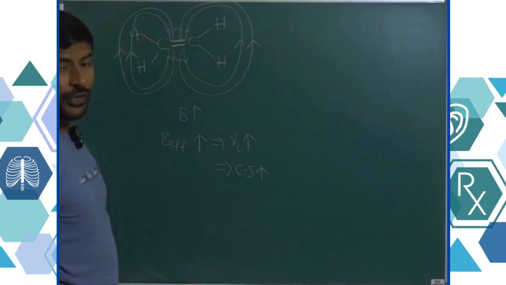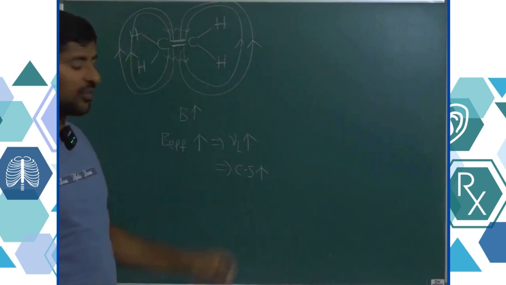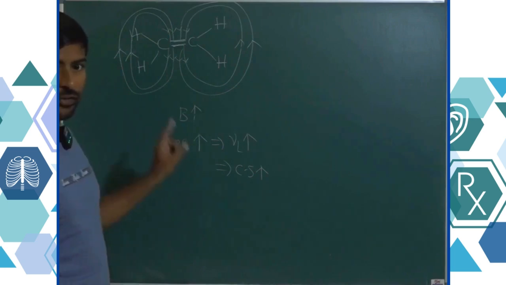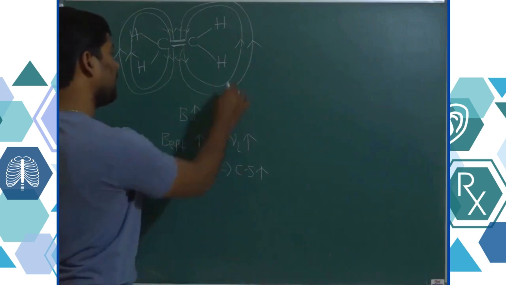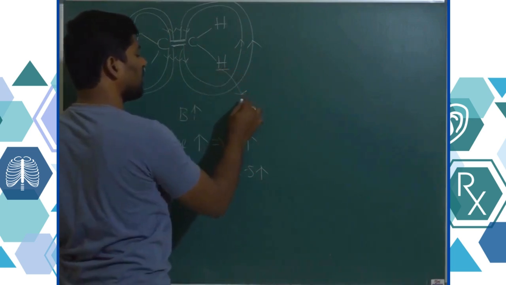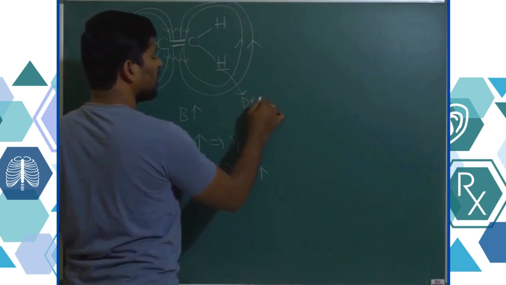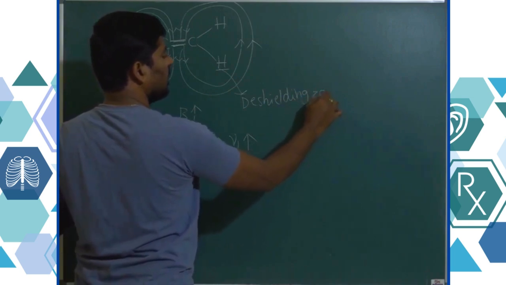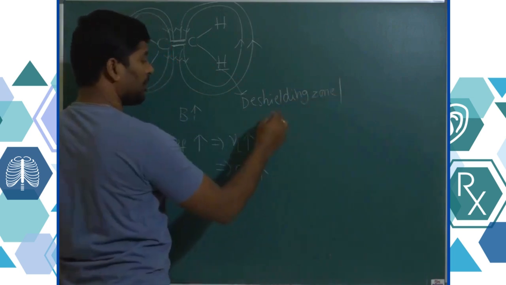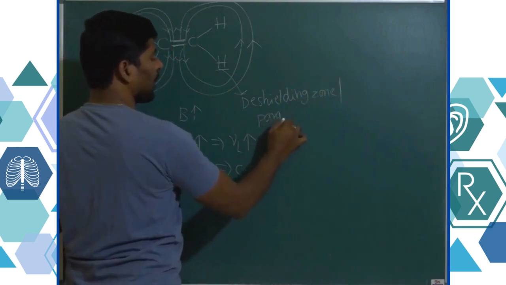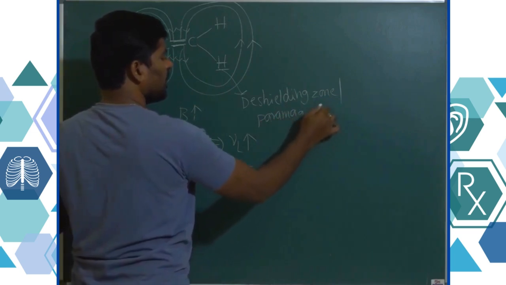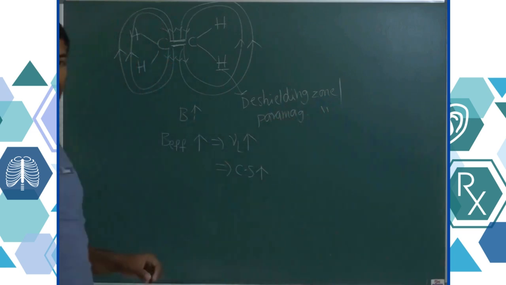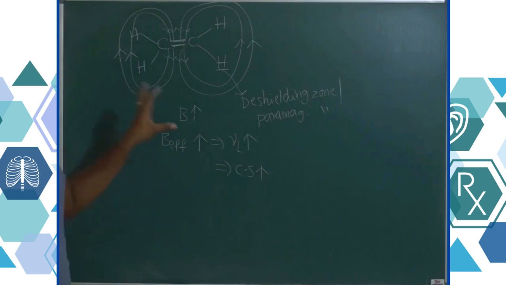So the secondary magnetic field is distributed non-uniformly, and it is called anisotropic effect. Because of the anisotropic effect, the protons fall under the de-shielding zone, also called the paramagnetic zone. That's why the chemical shift value for ethylene protons increases.